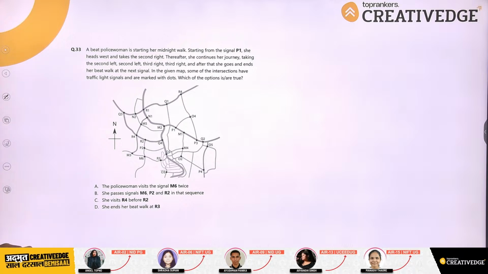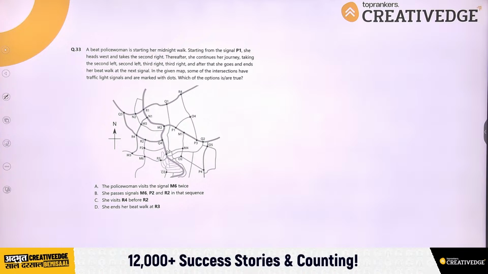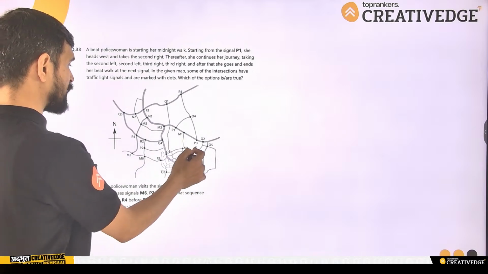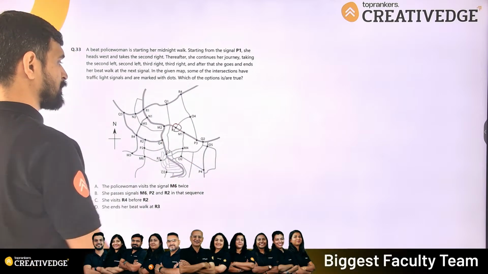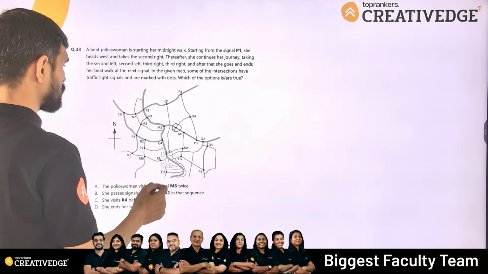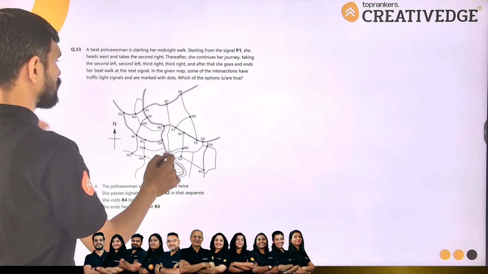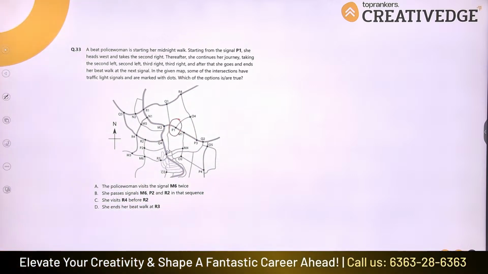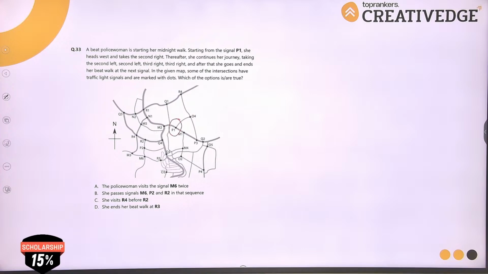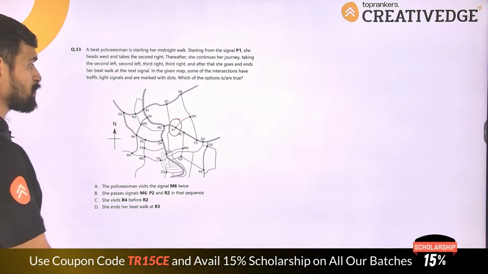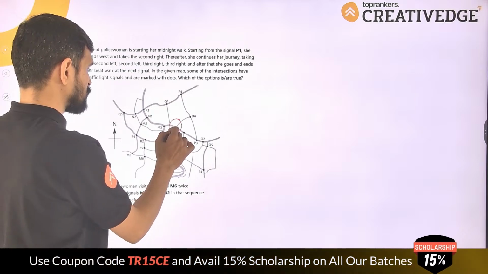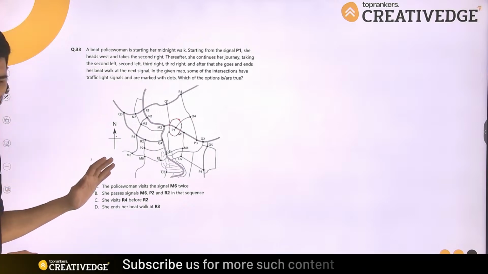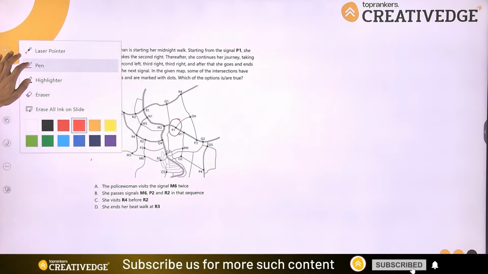A beat policewoman is starting her midnight walk, starting from signal P1. So this is the signal from where she starts. Right? She heads west, takes second right. So if this is north, see, north भी defined है, आपको question में carefully observe करने की requirement ही है.